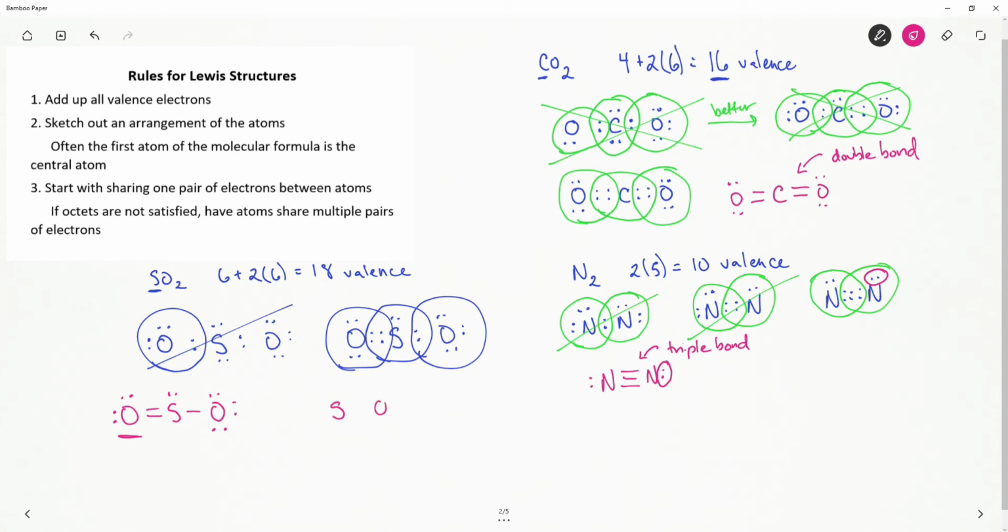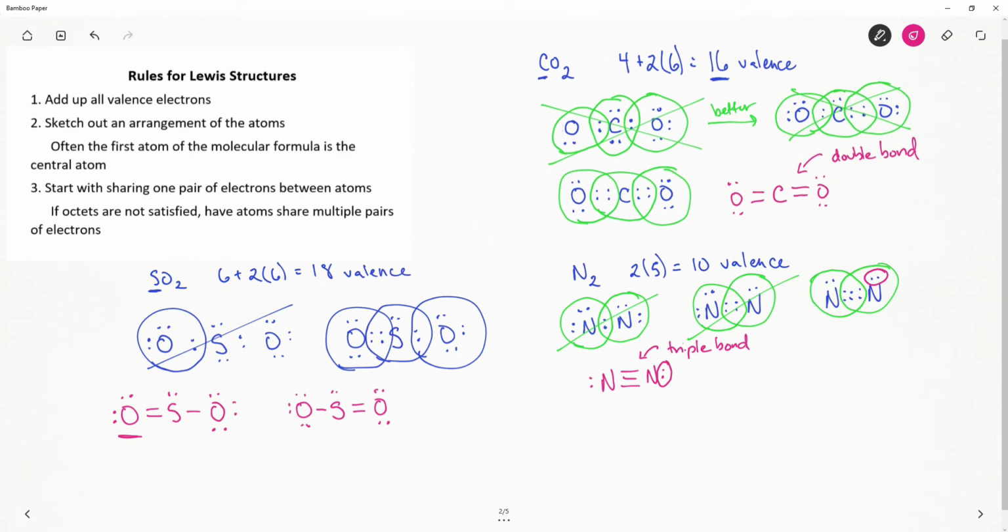So here's my sulfur, oxygen, oxygen. What if that was the single bond, and this was the oxygen with 3 lone pairs, and this one had the double bond? Is this still a valid Lewis structure? Well, yes, because the octets are satisfied for all of the atoms.